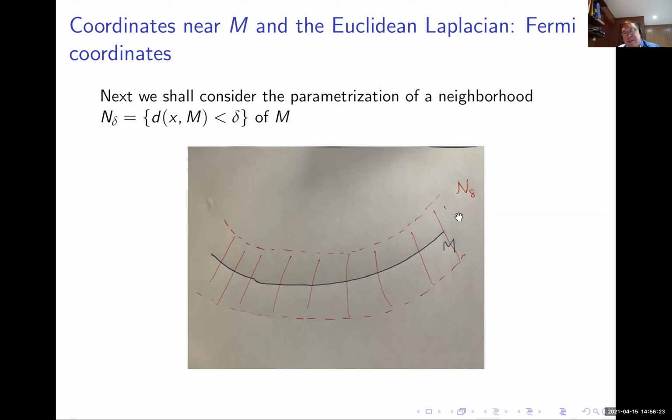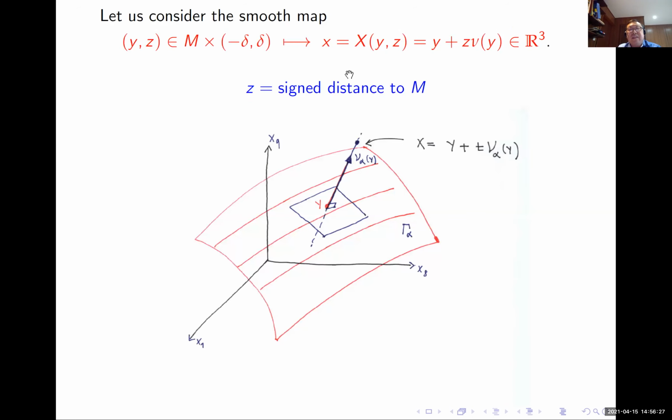The simplest parameterization of this neighborhood is the Fermi coordinate, y plus z times mu, where mu is the normal vector.